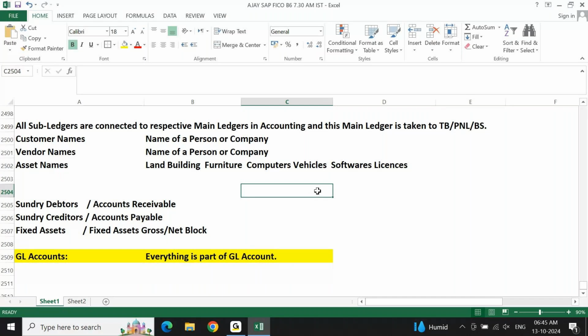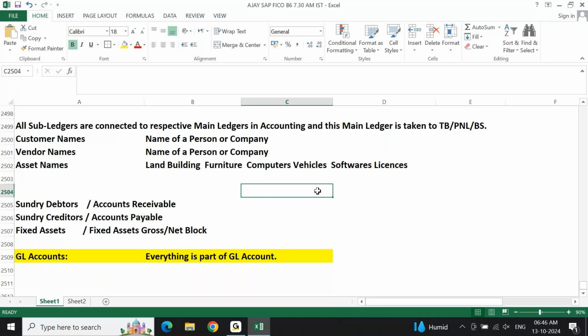If I ignore any account, if I ignore any transaction, is my accounting correct or incorrect? Incorrect, sir. If I ignore any account, if I ignore any transaction, my reports, my account balances will not be accurate, will not be correct. So I need to make sure every account is taken into consideration while preparing TB, P&L, balance sheet.